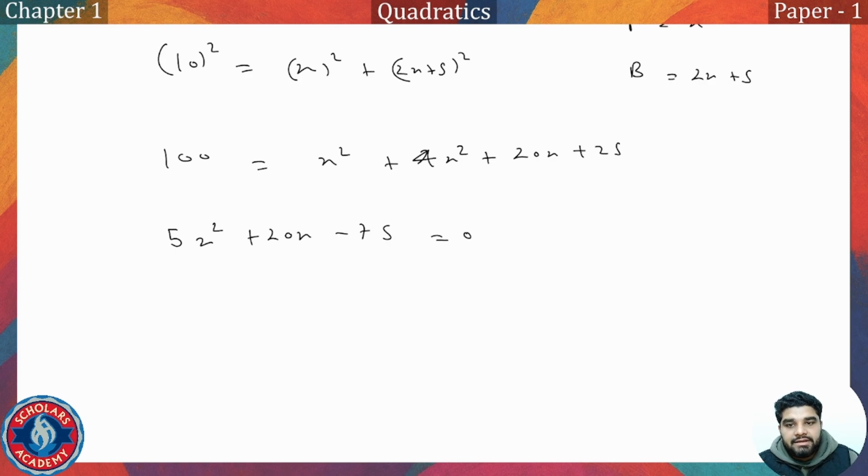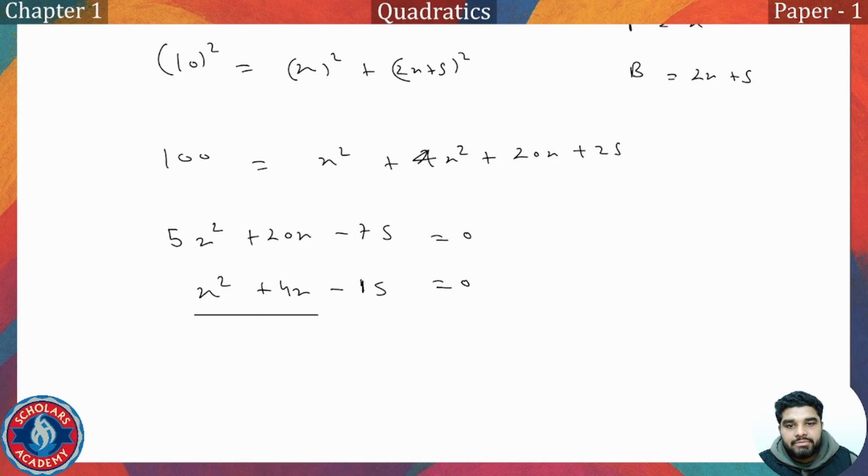Now I can take 5 common. I am left with x square plus 4x minus 15 is equal to 0. So I took 5 common and sent it to the right hand side. It got multiplied with 5 was dividing 0, so 0 at the right hand side.